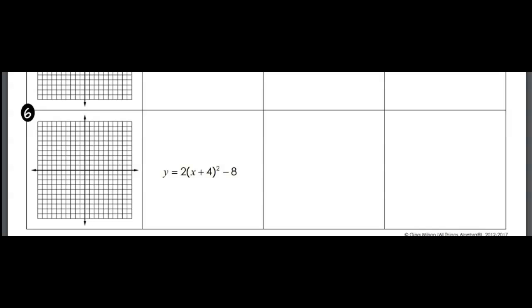So in this last example, you can see that the multiplier out in front is positive 2, and so the vertex is going to be negative 4, negative 8, which is going to be down in the third quadrant. It's going to open up, but it's also going to have a stretch by 2, which means that when we go ahead and plot the vertex, that you're going to see that instead of going over 1 up 1 like we normally do, so from here over 1 up 1, we're going to actually double the distance here, and that's why we call it stretch.